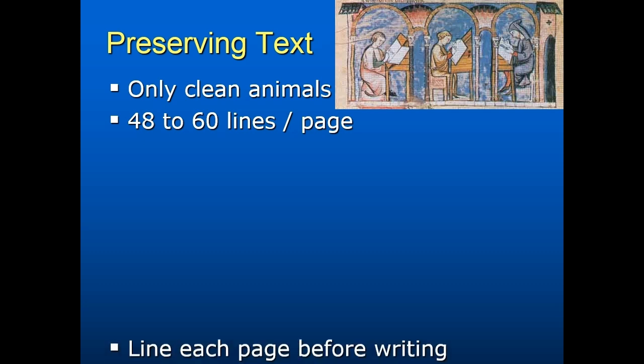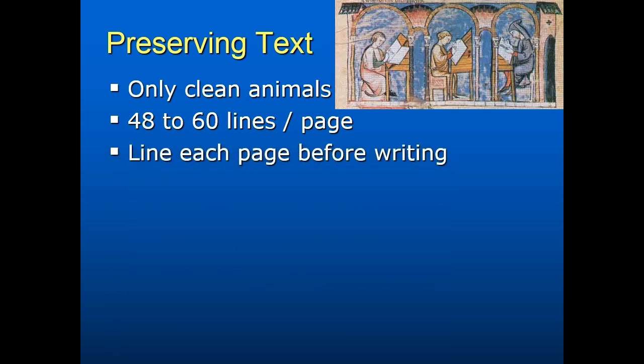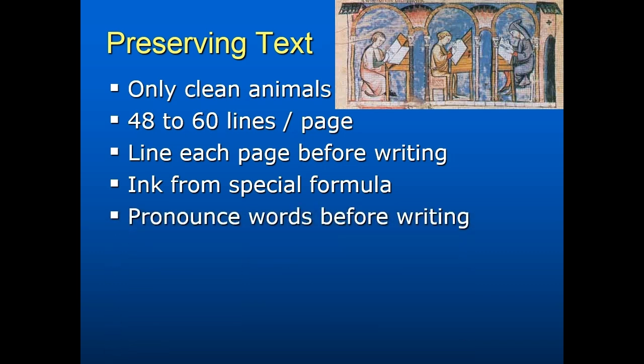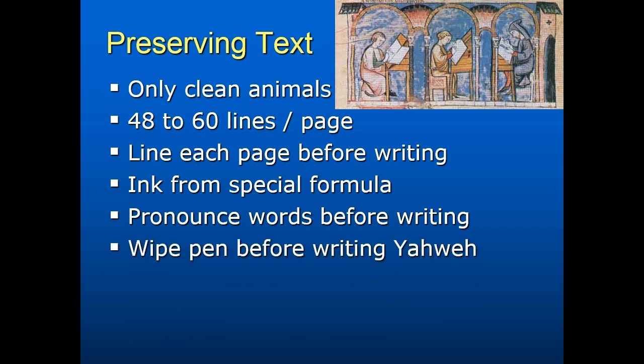And each page had to be lined before they began to write, guaranteeing that the lines of text would be uniform. Only black ink could be used, and that only from the official formula. The scribe was to pronounce each word before writing it. Imagine how noisy the scriptorium would be. And before writing God's sacred name, the scribe must wipe his pen.